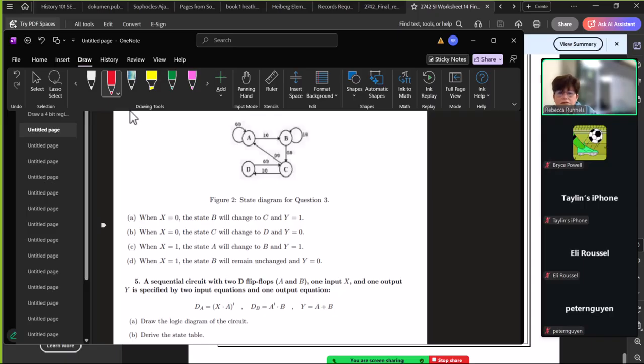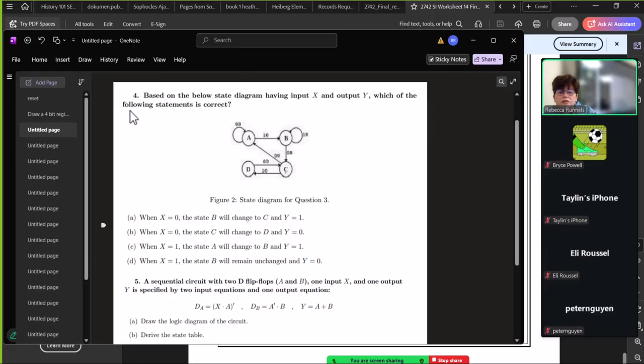State B. So I'm going to say the output is 1.